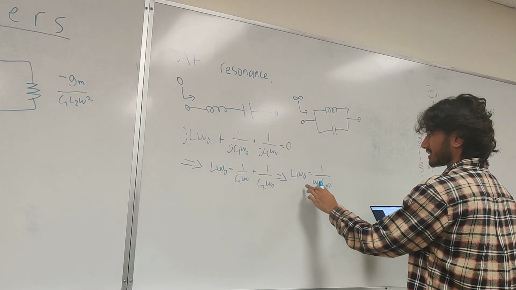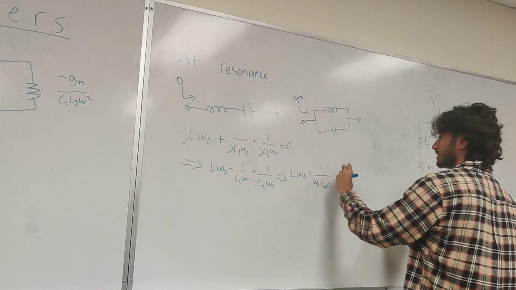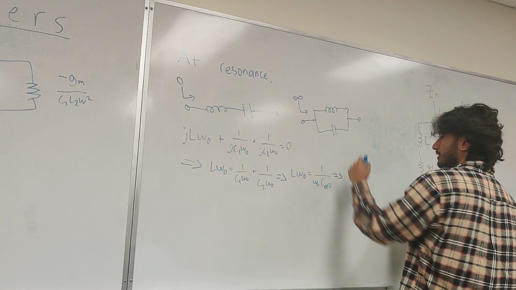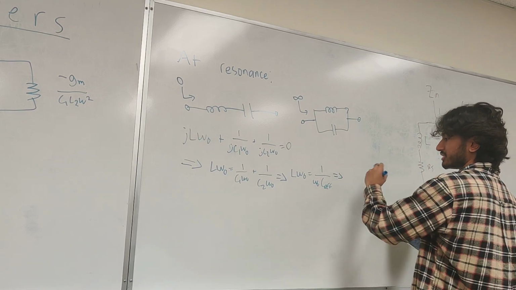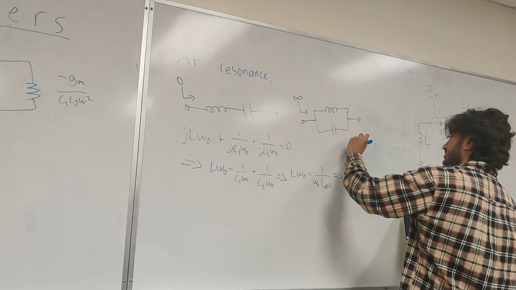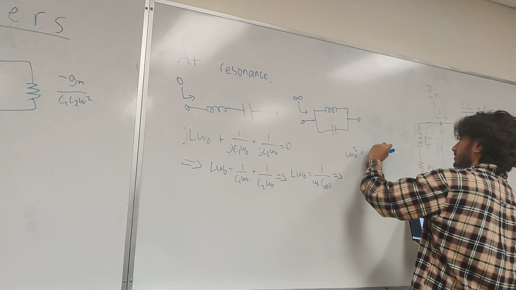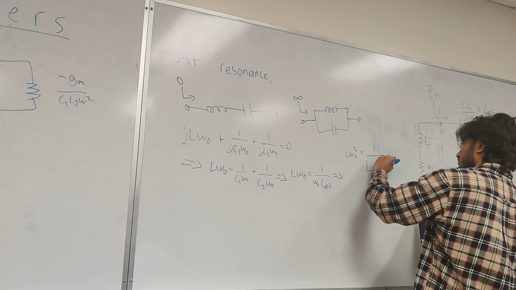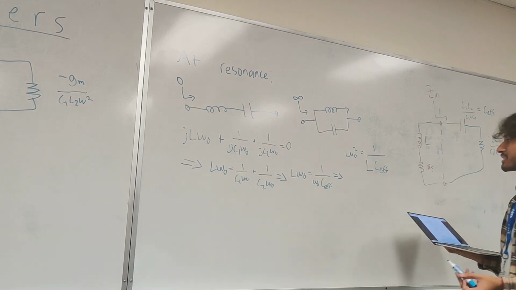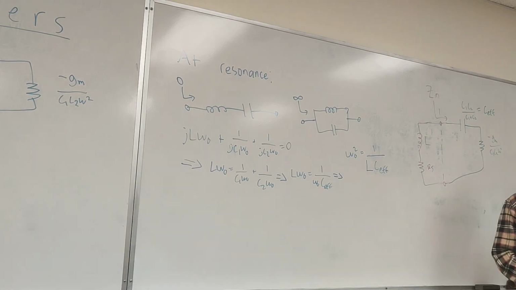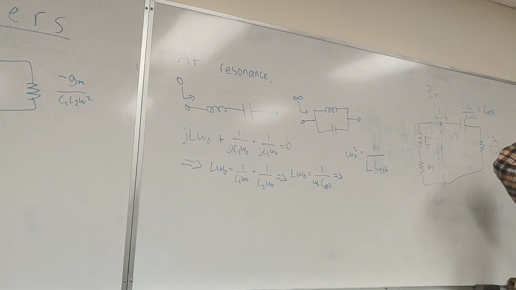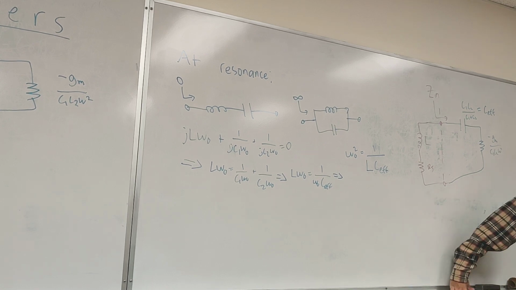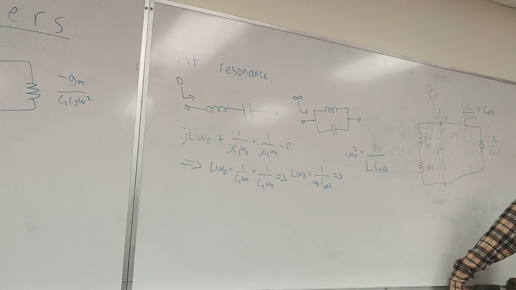Okay, and now we want to solve for omega naught. I'll do omega naught squared is this. Does this equation look familiar to anyone? Who could tell me what it looks like? Ben?